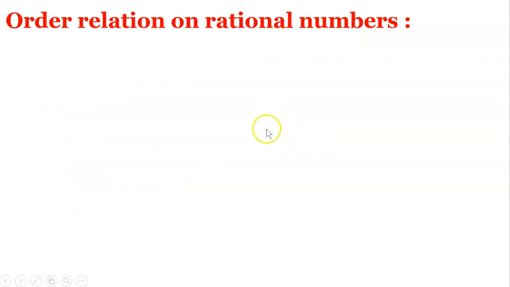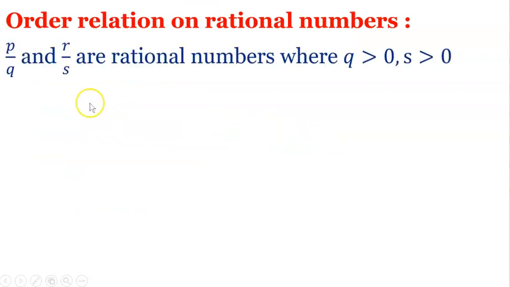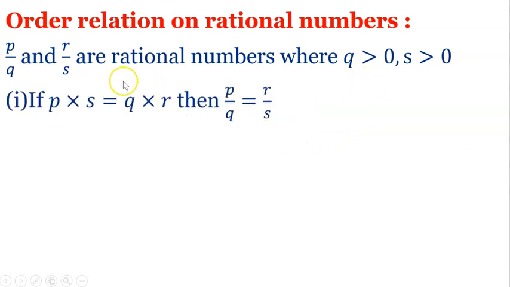Now, order relation on rational numbers. Here p upon q and r upon s are rational numbers, where q and s both are positive, which means q is greater than 0 and s is greater than 0. First, if the cross multiplications p into s and q into r are equal, then the given rational numbers are equal.